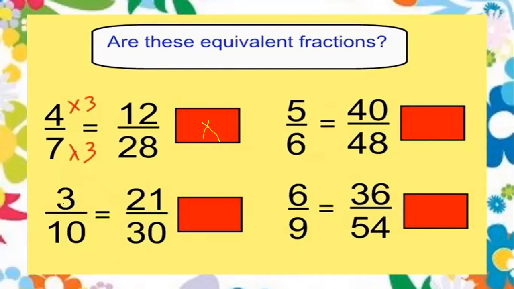Now you can see here 3 upon 10. When we multiply 3 by 7, we get the answer 21.